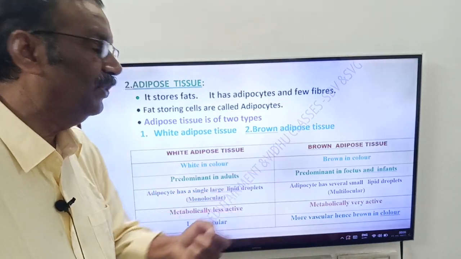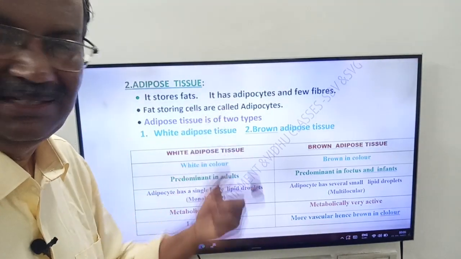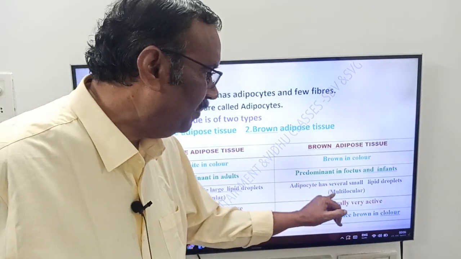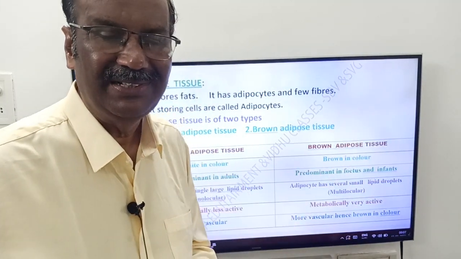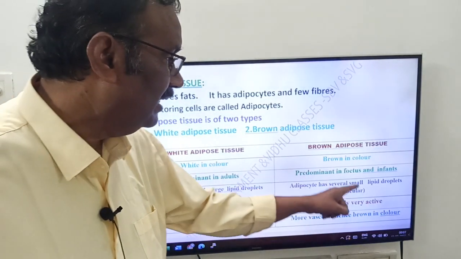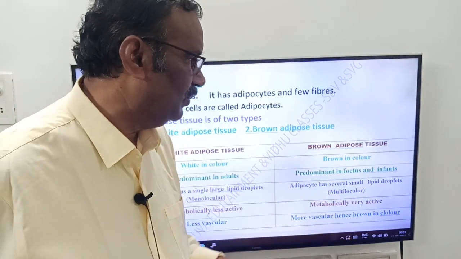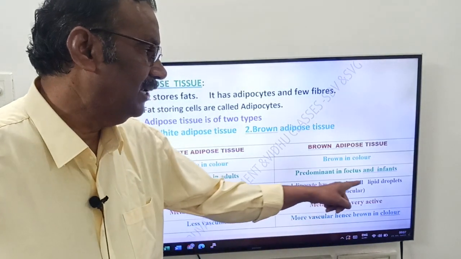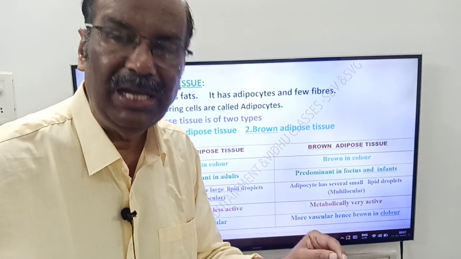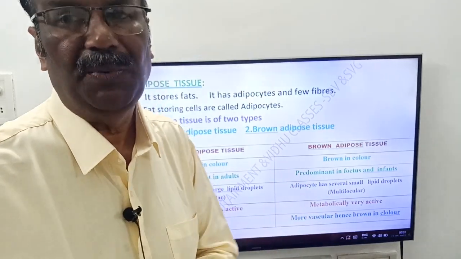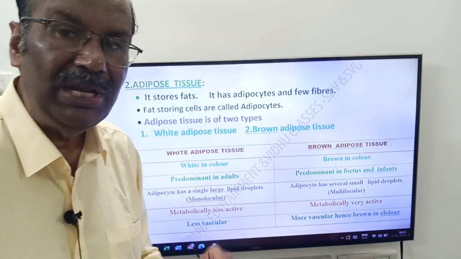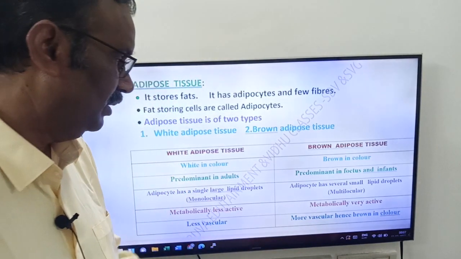Come to brown adipose tissue friends, it is a good fat. Brown in color, it is predominant in fetus and infants. Here the adipocytes of brown adipose tissue, BAT, have a number of small lipid droplets. So it is called what friends? Multilocular. It is metabolically very active.